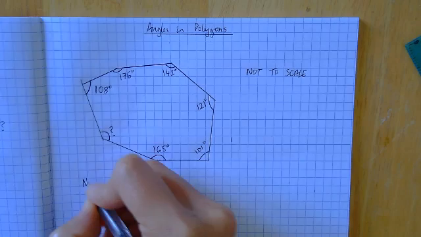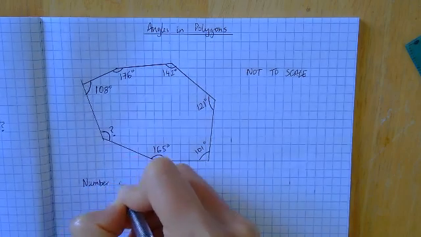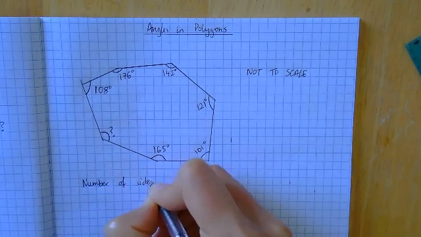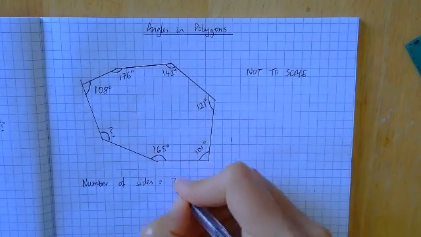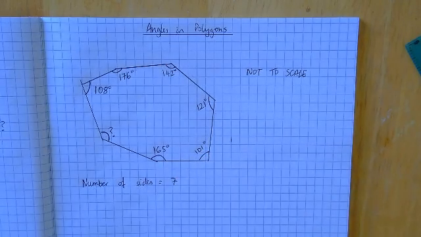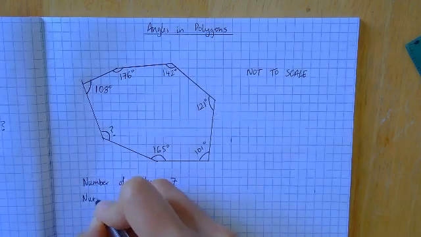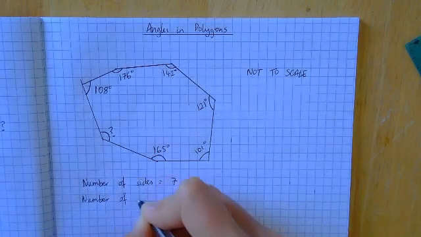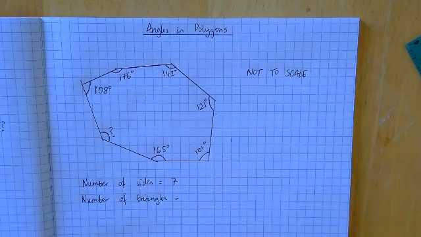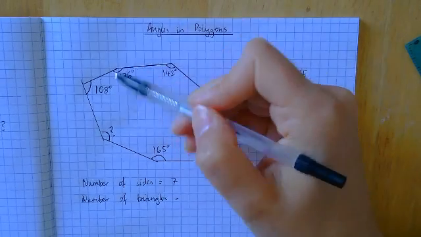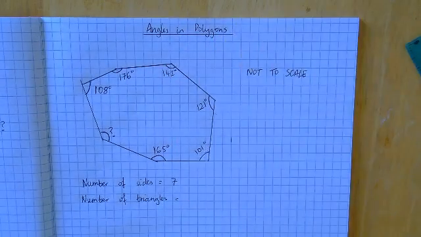So, how many sides have we got? Maybe we should start by writing that down. So the number of sides, and we said it was 7. Right, so how many triangles would we be able to fit in this shape then? Remember, we draw the triangles by picking a corner and then we draw to every other corner.